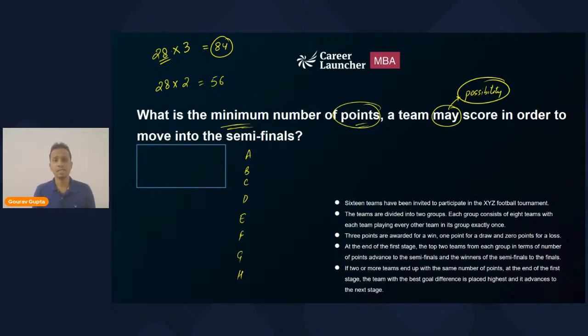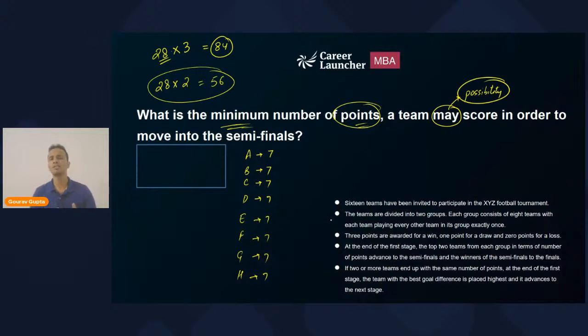Now, if I take a hypothetical scenario that all the matches played in the tournament are draws, A has played 7 matches, all of them draws. So A will get 7 points. One draw gets 1 point, 7 draws get 7 points. So each of these teams will get 7 points, right? Each of these teams will get 7 points.